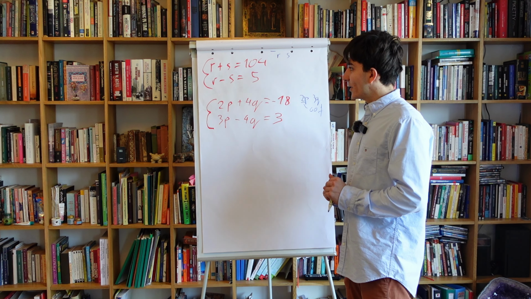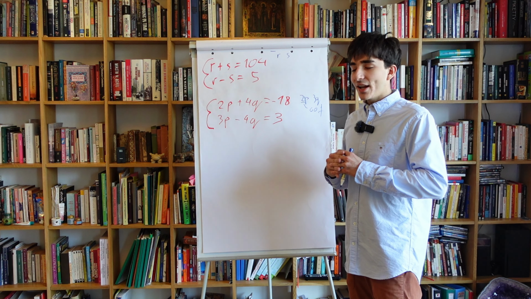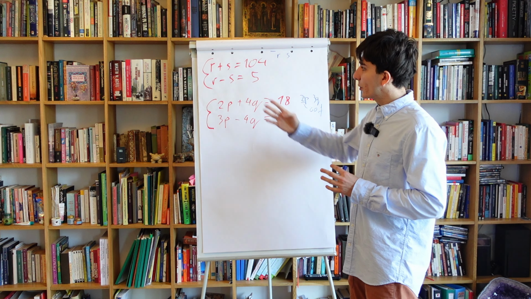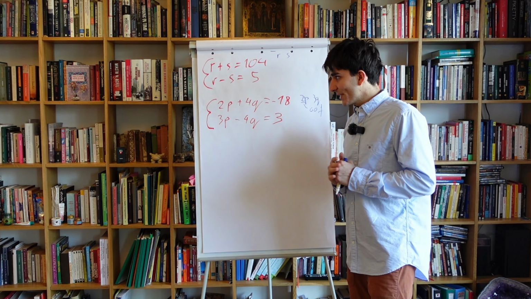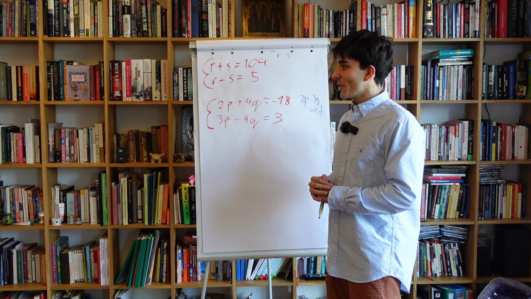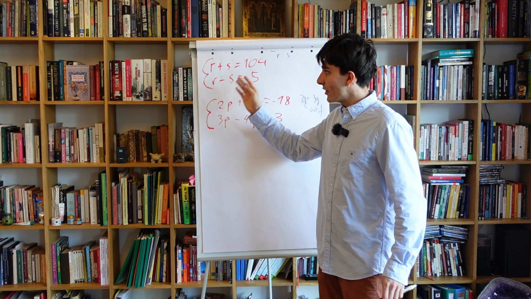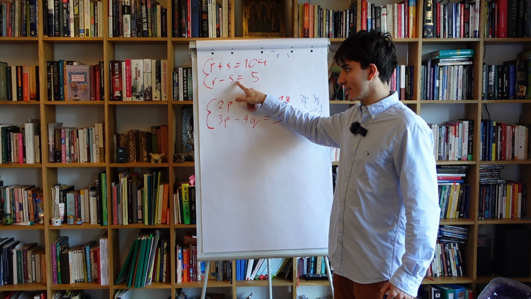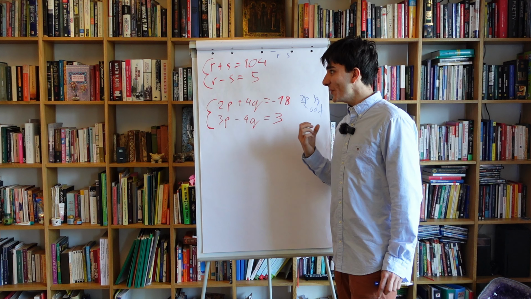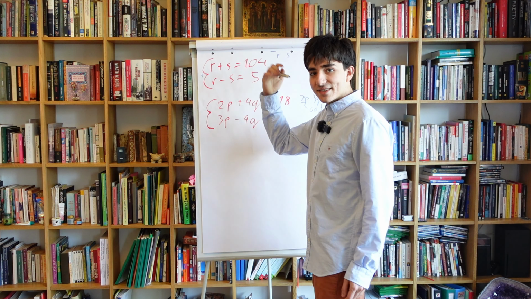Okay, so what can we do with adding two different linear equations here to cancel out the variables? If you guessed it, then well done for you. But look, we have two different variables and only one of them is negative, S, in the second equation. So the most natural and quickest way to solve it is just to add those two equations as they are.